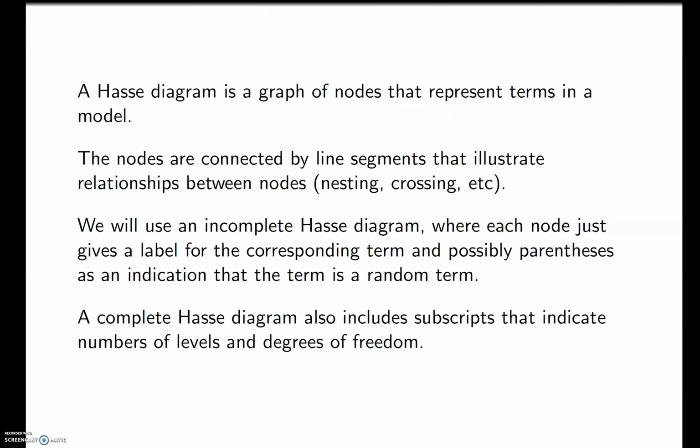A complete Hasse diagram will also include the subscripts that indicate the number of levels and the degrees of freedom. Sometimes I'm a little lazy and I just don't include the number of levels and degrees of freedom. But for your first few times, I think it's really informative to think through all of that. And sometimes you find mistakes in your thinking by doing that.